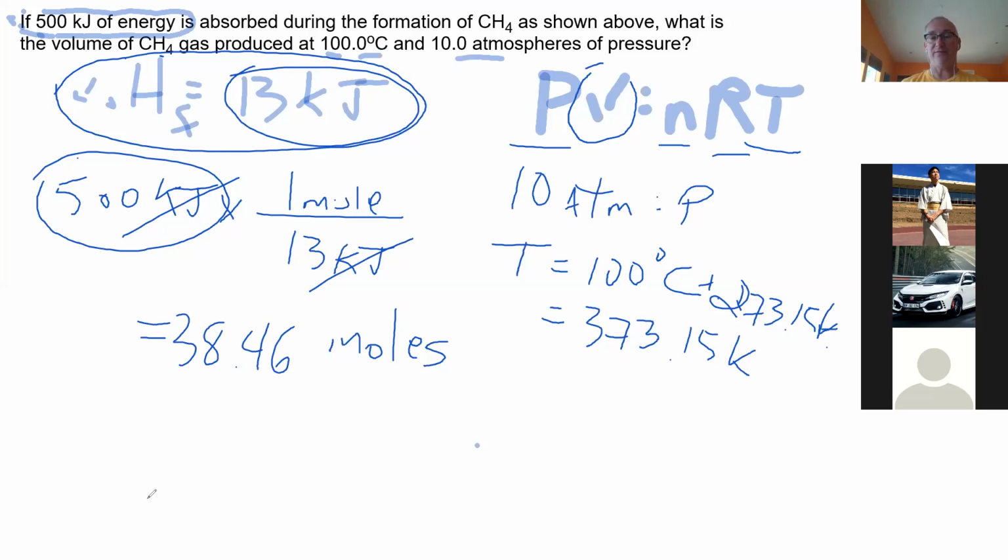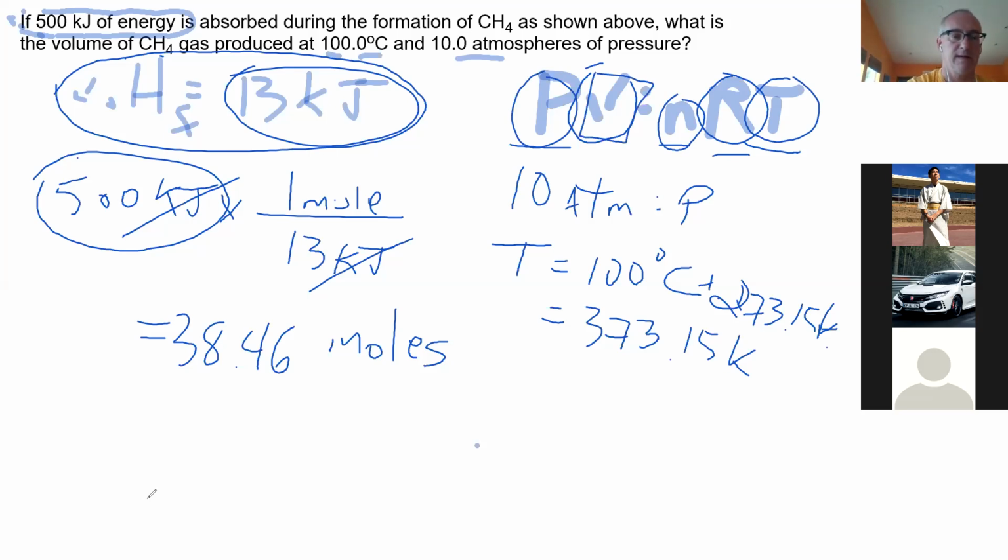So now we have all the information we need, right? Because we know what n is, we know what R is, we know what T is, we know what P is, and we're asked to calculate volume.